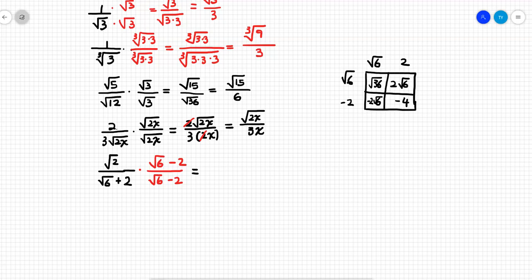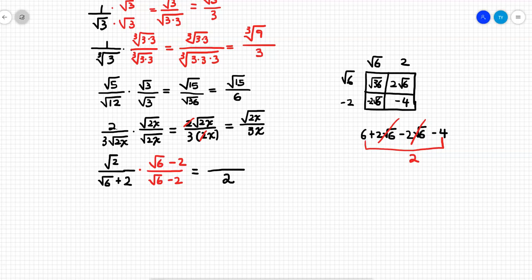So square root of 36 is 6, plus 2 square root of 6 minus 2 square root of 6, and negative 4. If you look at the middle terms, they cancel out. And if you combine the 6 and negative 4, you end up with a 2. So the entire bottom after the multiplication is just a 2.